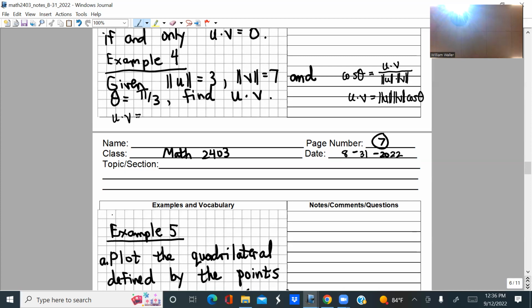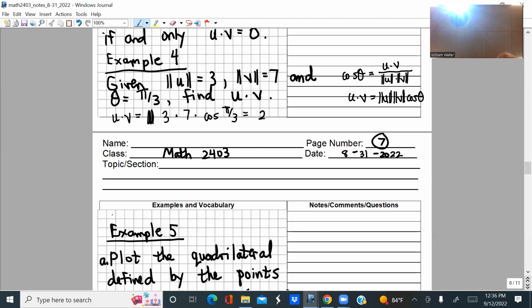So we also know the dot product is these magnitudes times the cosine of the angle. Here we happen to know the magnitudes. The magnitude of u is 3, and the magnitude of b is given to us as 7. The angle between the two vectors was pi over 3.